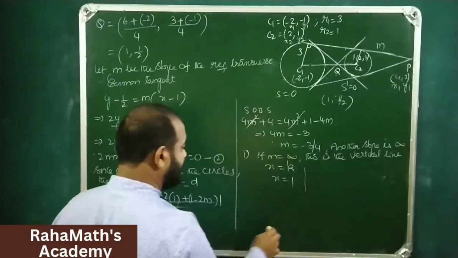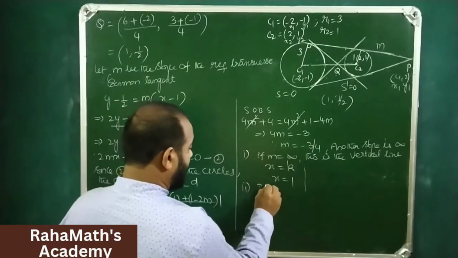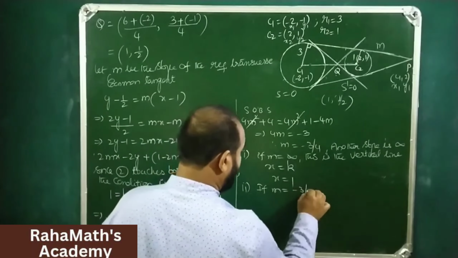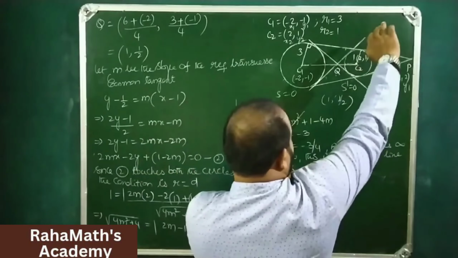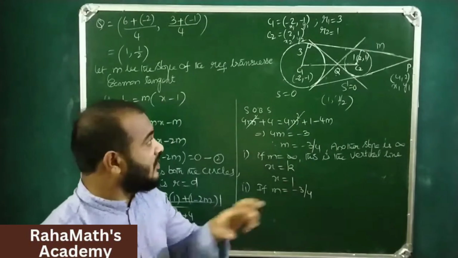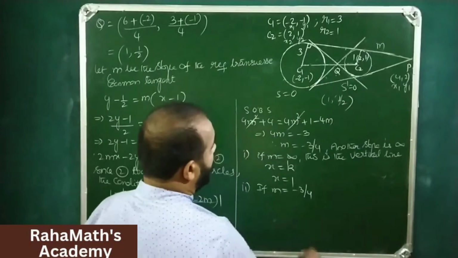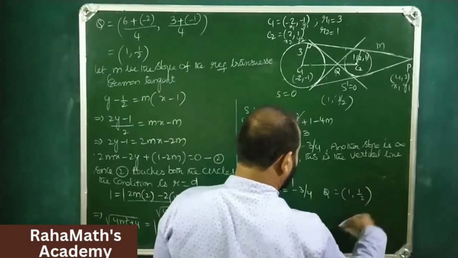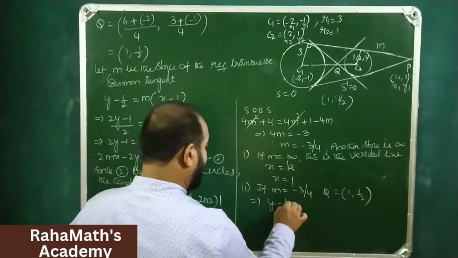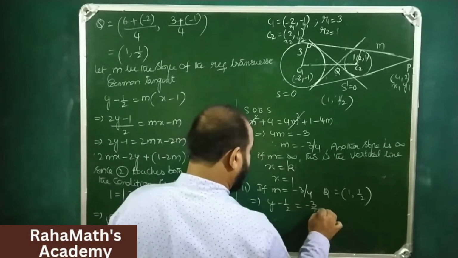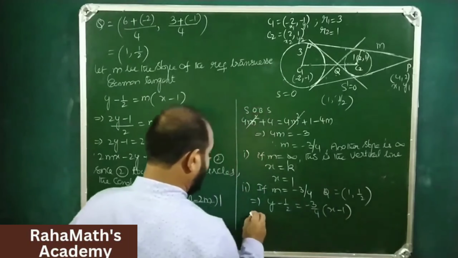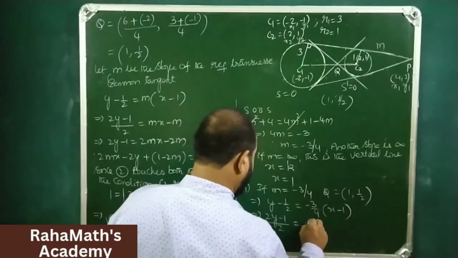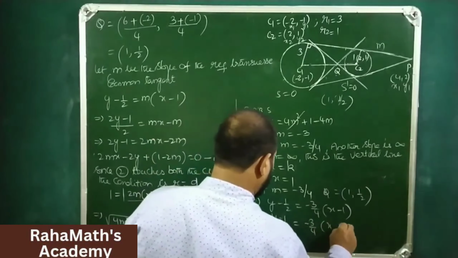Next, the second one: if m is equal to minus 3 by 4, and this is the slope of the transverse common tangent, and it is passing through Q. So what is Q? Q is equal to 1 comma 1 by 2. So y minus 1 by 2 equals minus 3 by 4 into x minus 1. 2y minus 1 by 2 is equal to minus 3 by 4 into x minus 1.